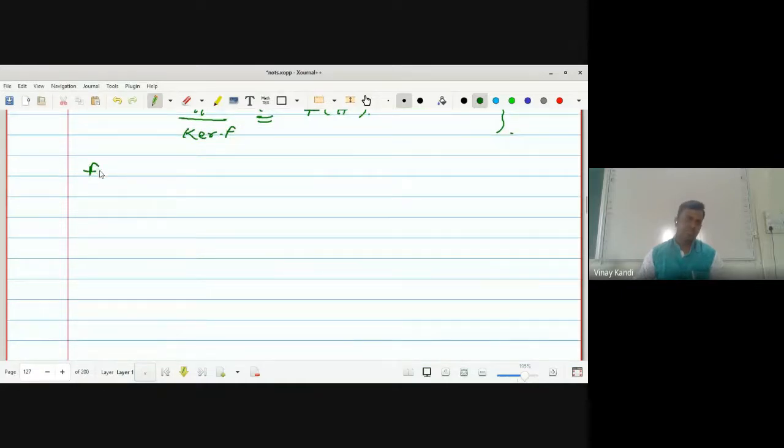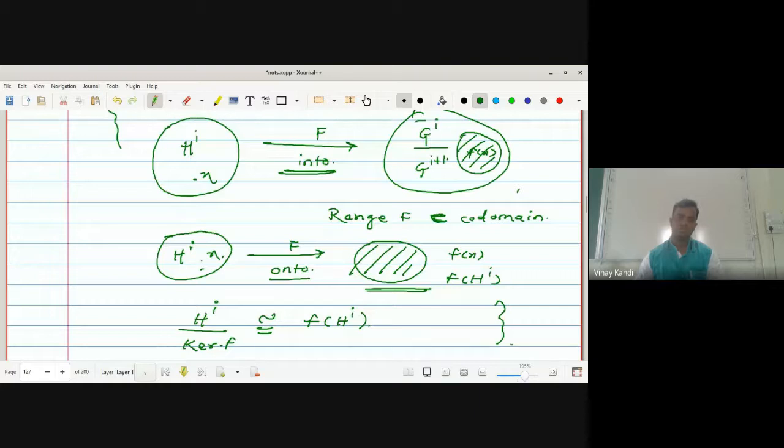Further, what is the kernel of f? Well, x belongs to kernel of f. What is the meaning of this? This implies if we apply the function f on this element x, we get the identity of the codomain. What is the identity of this codomain?